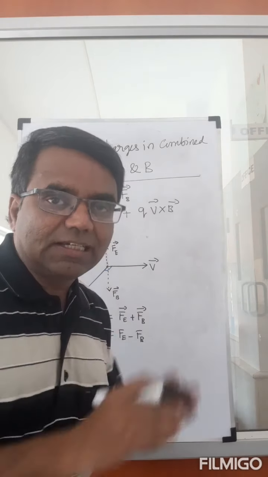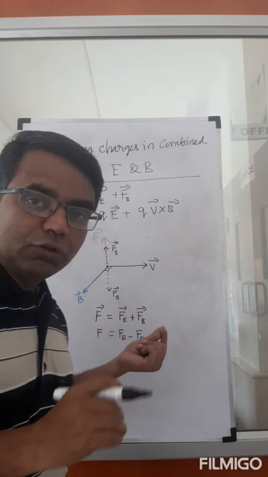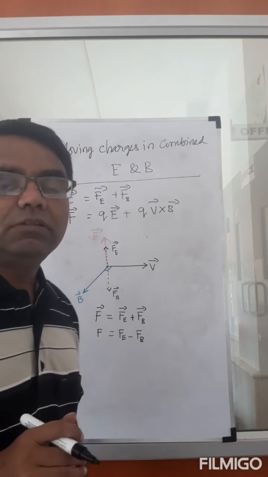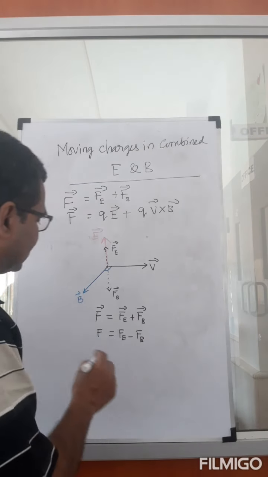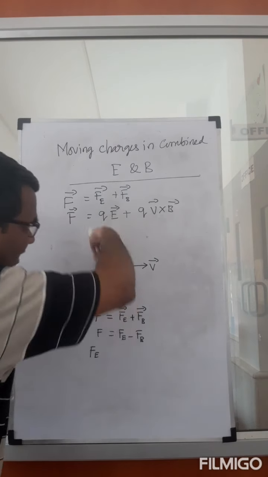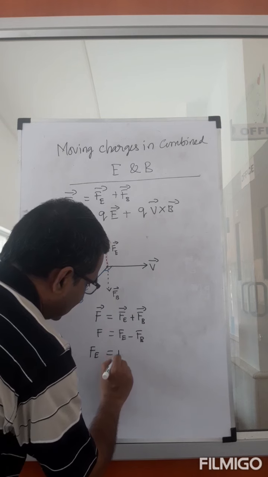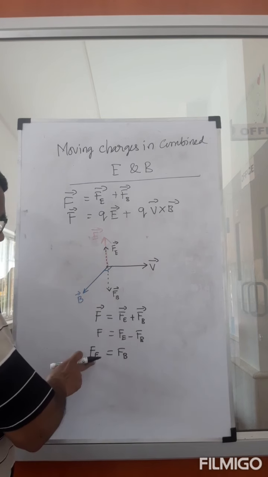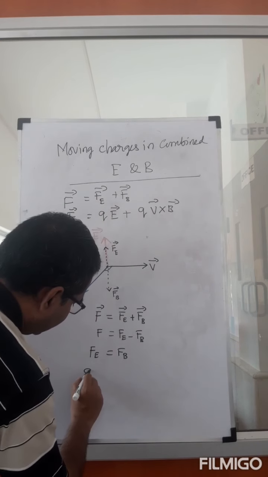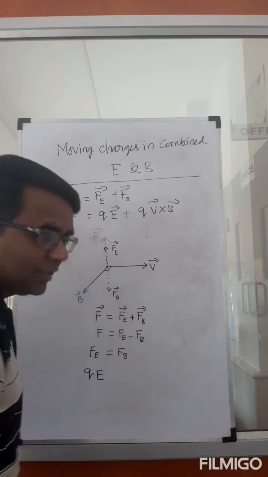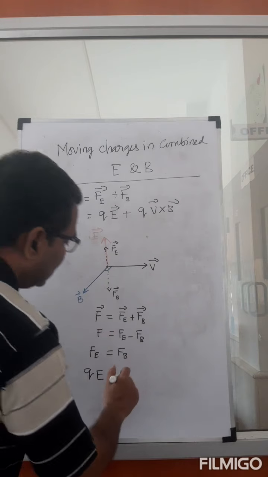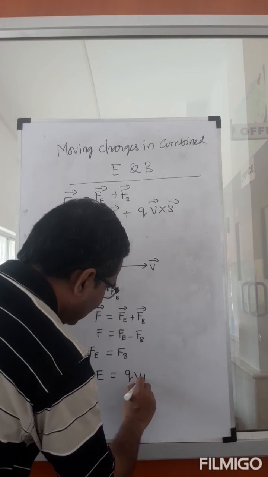Anyway, let's take this special case where the force due to the electric field is equal to the force due to the magnetic field. In that case, Fe minus Fb will be 0. It will cancel each other, right? Completely. So Fe is equal to Fb. Then what's the magnitude of Fe? It is simply QE. And what is Fb? That is QVB sin theta.